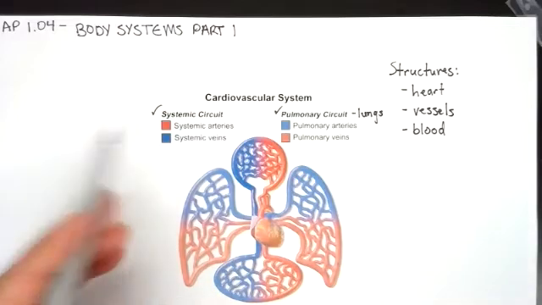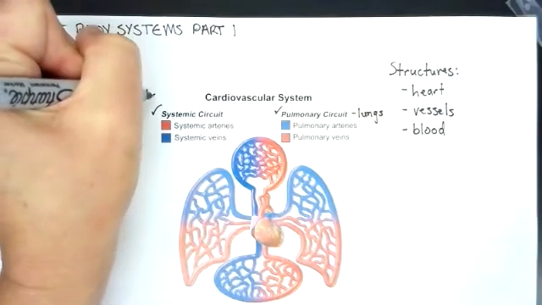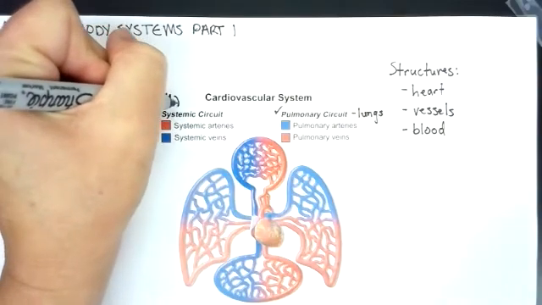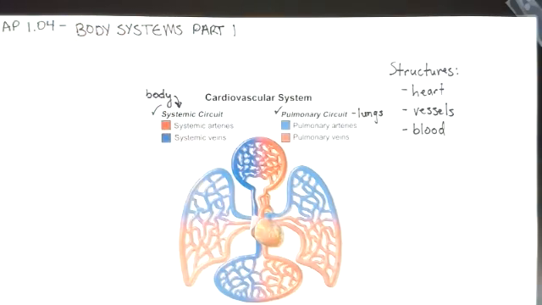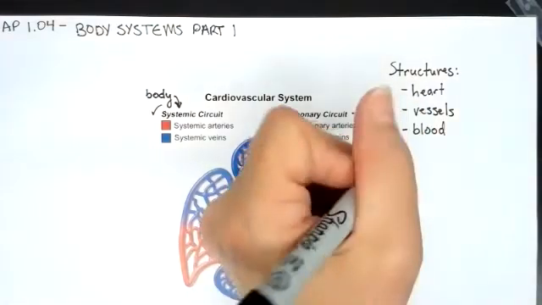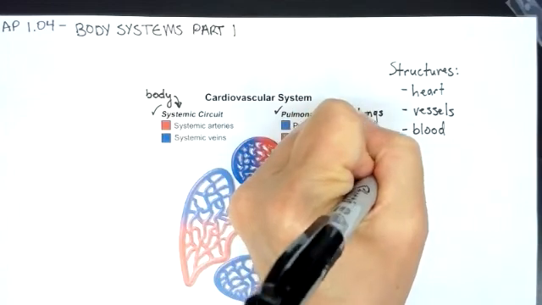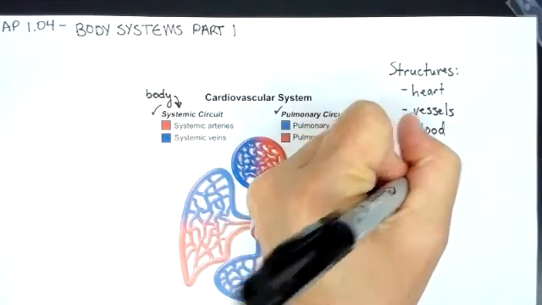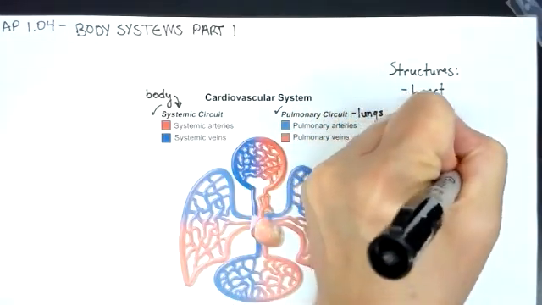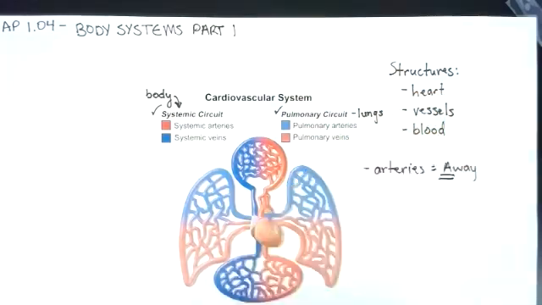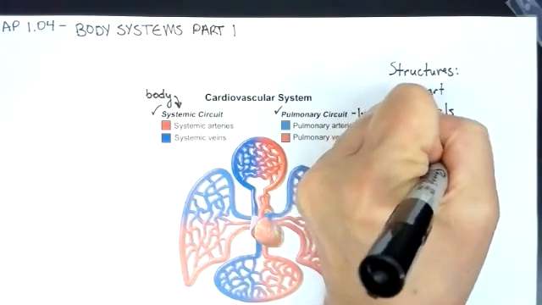The systemic is the rest of the body. So when we think of the head, the arms, the legs, the trunk, everything else that's not the lungs is part of the systemic circuit. And you'll notice it's divided into arteries and veins. It's pretty easy to remember the difference between arteries and veins. Our arteries start with an A, and in the arteries, blood is carried away from the heart.